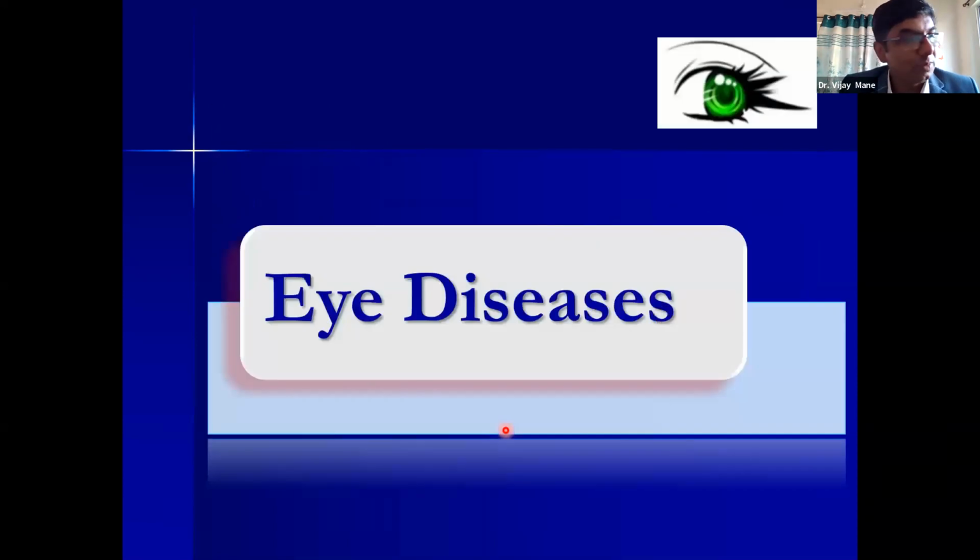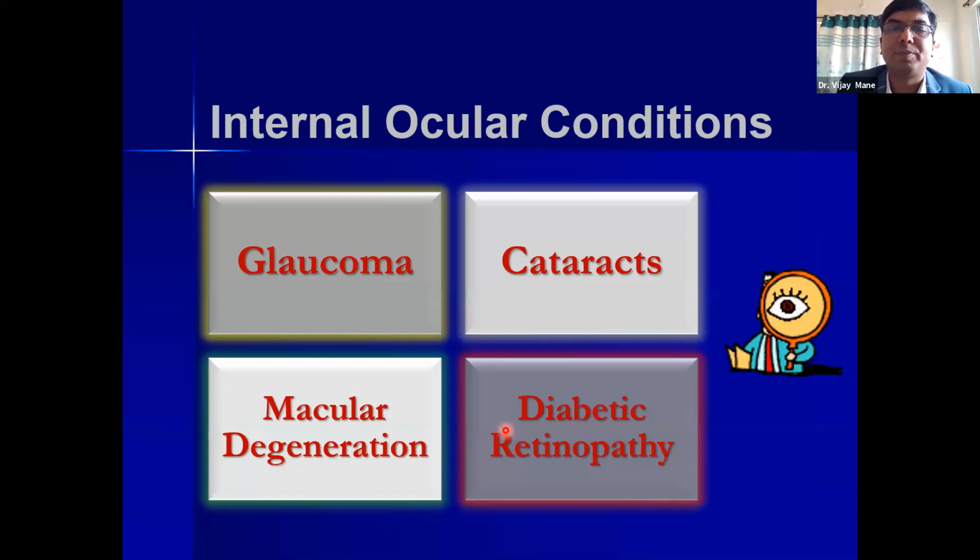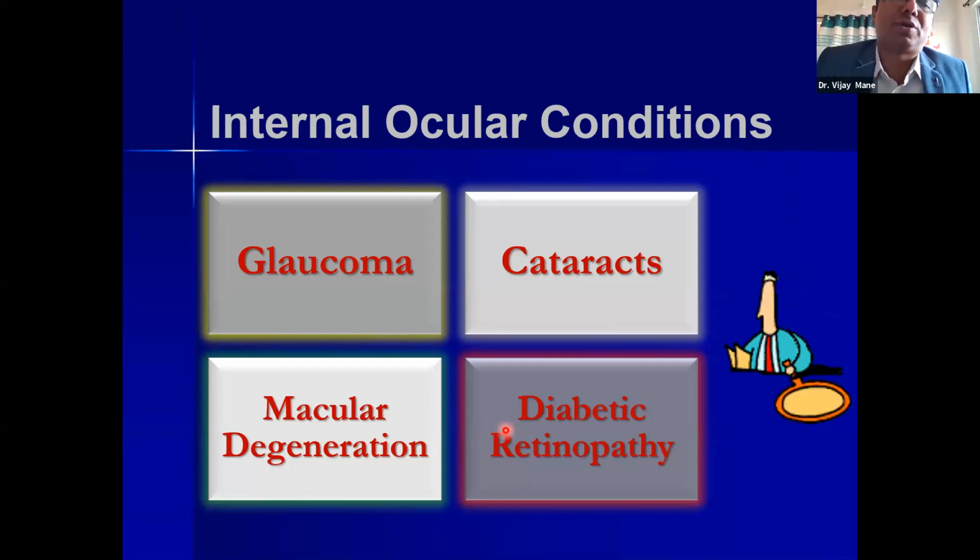So let's go through some of the diseases that are very important from the research point of view, or where you can contribute in this ophthalmology field. As I mentioned, there are many diseases, but here I mention the diseases which are easily detected using images.